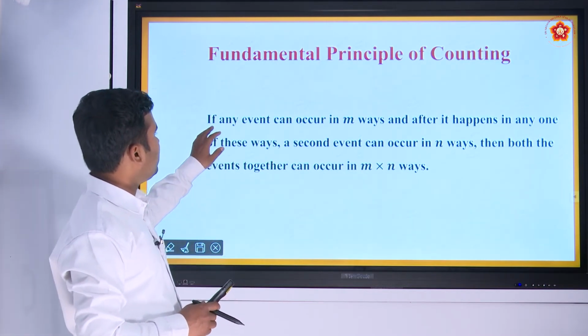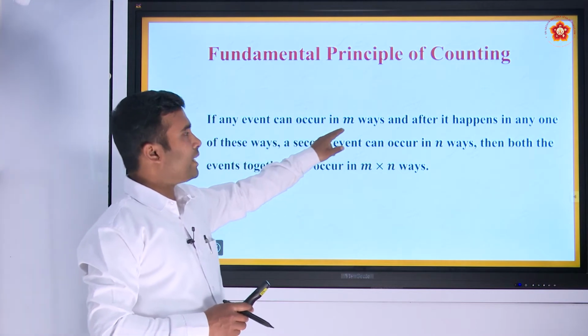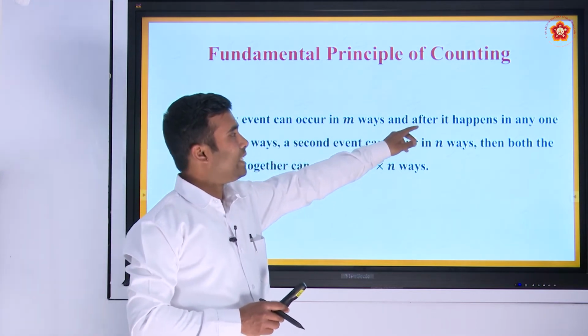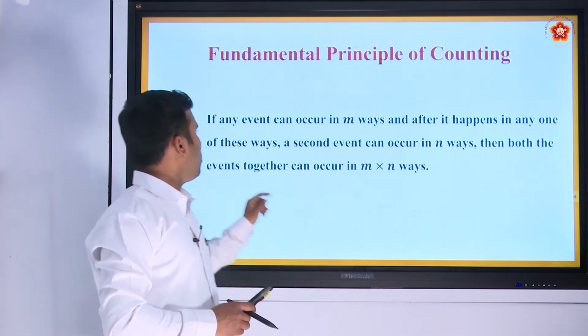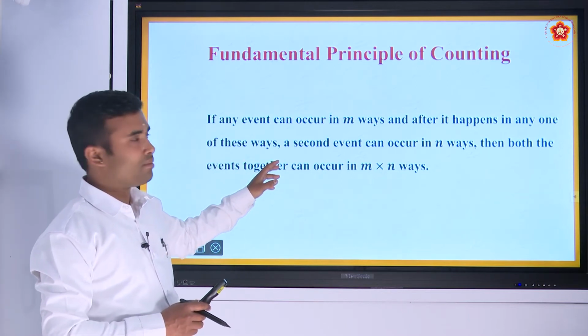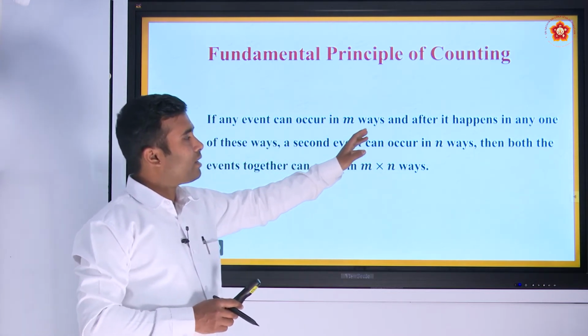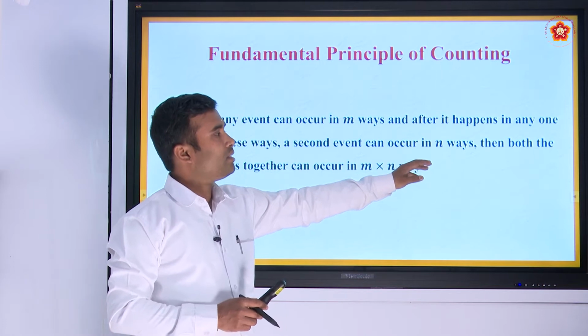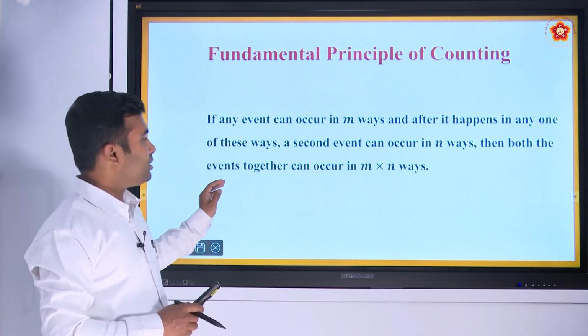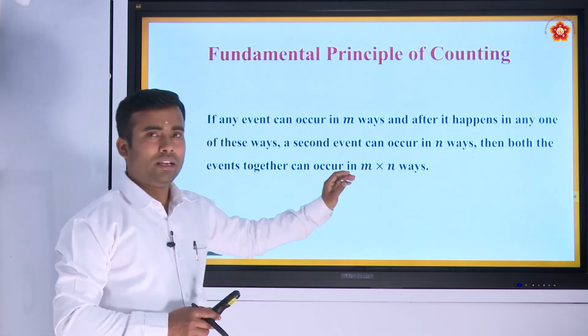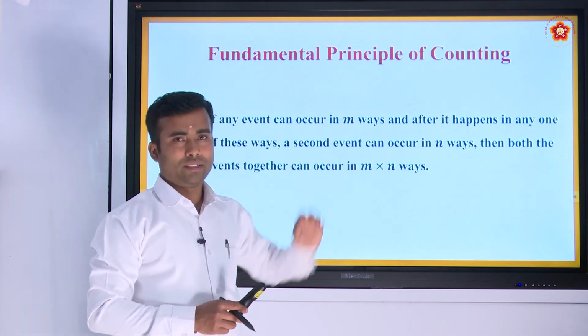If any event occurs in m ways, and after it happens in any one of these ways the second event can occur in n ways, then both events together can occur in m into n ways.